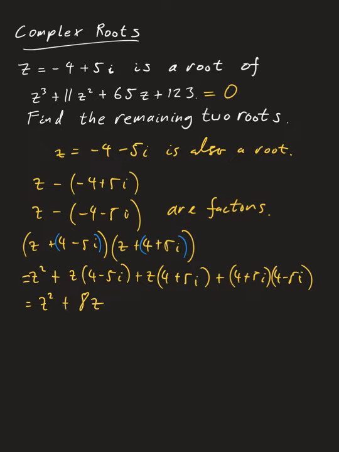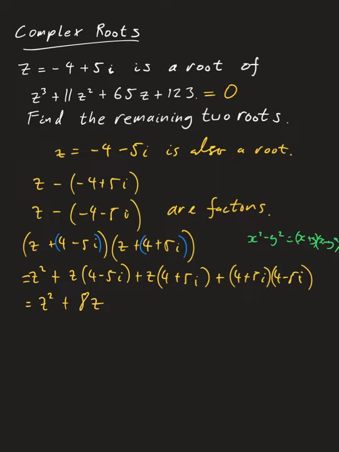So in general, I'll write down the rule here. x squared minus y squared is equal to x plus y times x minus y. That's a general rule. So I can use that there to simplify that multiplication on the right hand side. It's just going to be 4 squared minus (5i) squared.